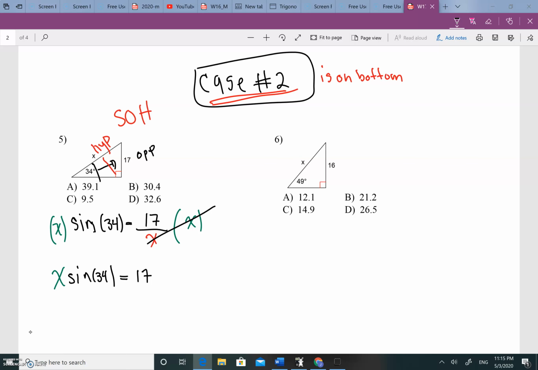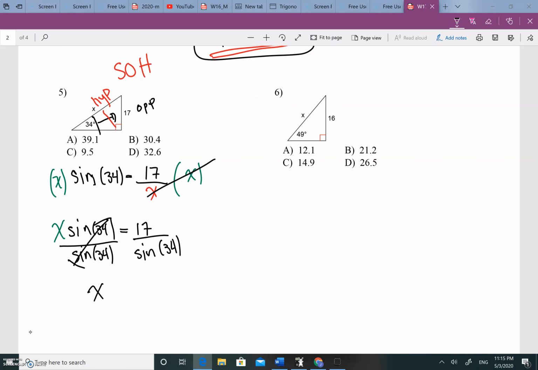Now to get rid of my sine 34, we divide both sides by sine of 34, because remember, any number divided by itself is equal to 1. And whatever you do to one side, you have to do to the other side of the equal sign.